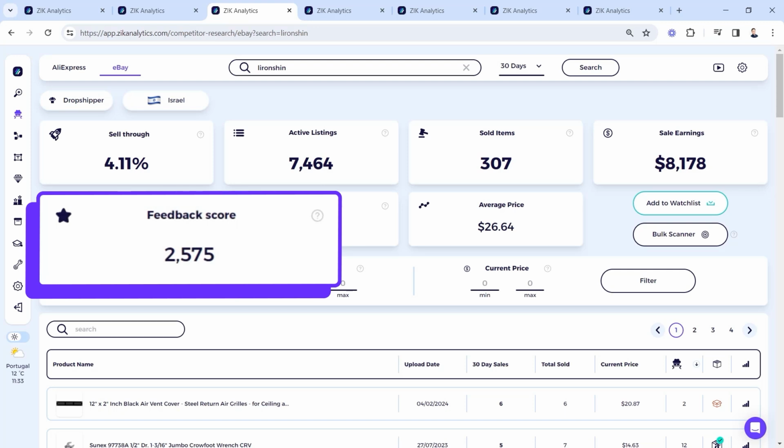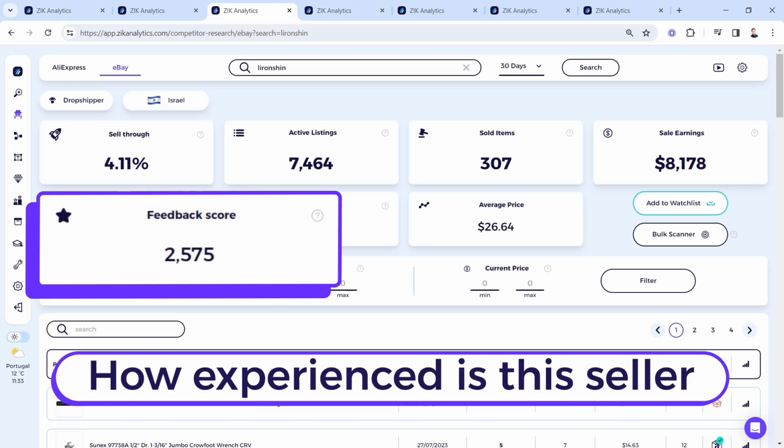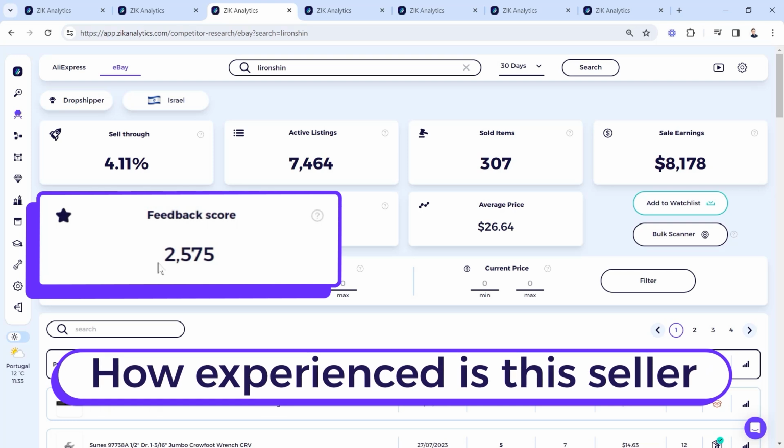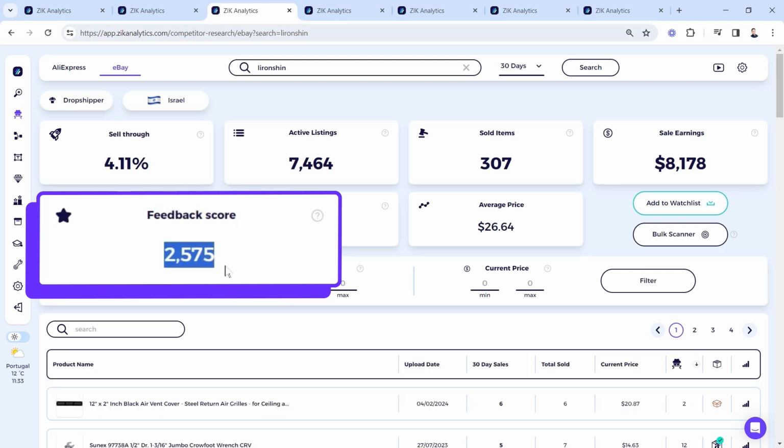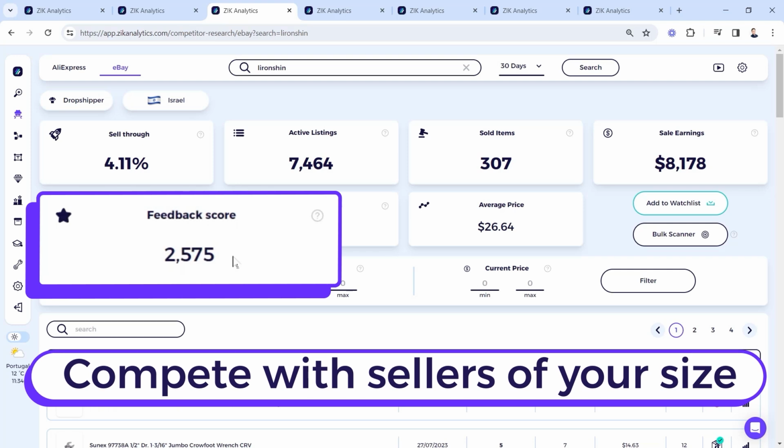This can determine how experienced and how strong these sellers are. 2,575 feedbacks is an average. I would say it's a mid-sized seller. He probably got started a year ago, or half a year ago, and this is the amount of feedbacks he got. So it's good to know, because you want to compete with sellers in your size.